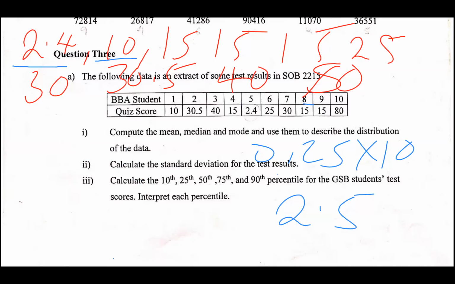It will be 3 in this case. The index is just showing you the position, so the number on position 3 is the 25th percentile. In this case, the 25th percentile is 15, right? You can do the 50th percentile.